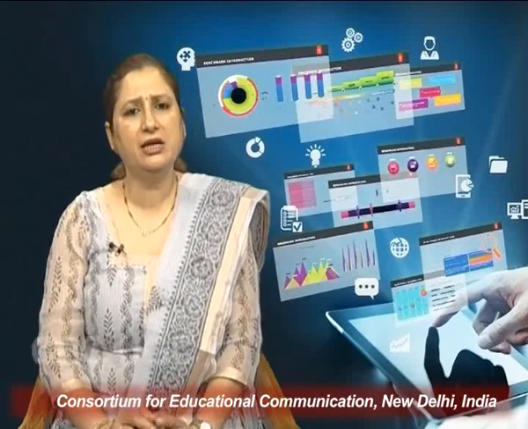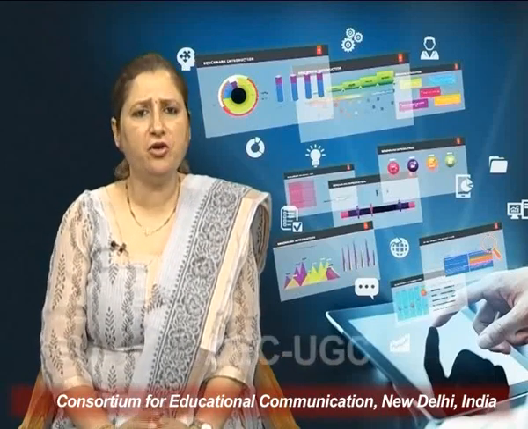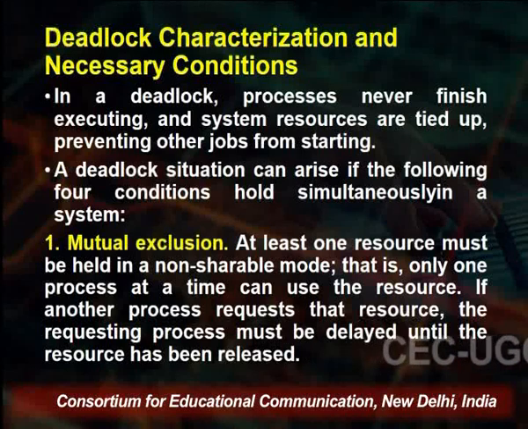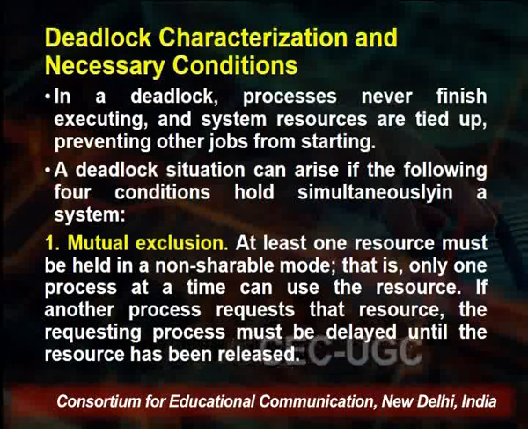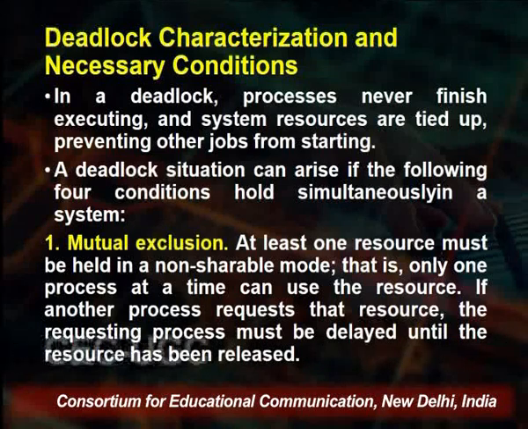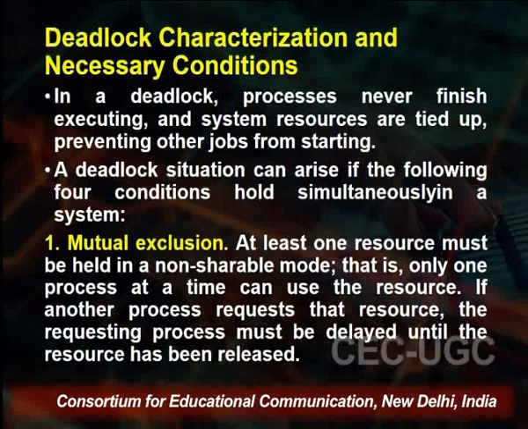Now in deadlocks there are 4 conditions. How do we characterize a deadlock? Whenever there is a deadlock, the processes will never finish execution, and all the resources which are held by the processes remain tied up, and therefore other processes also cannot start.